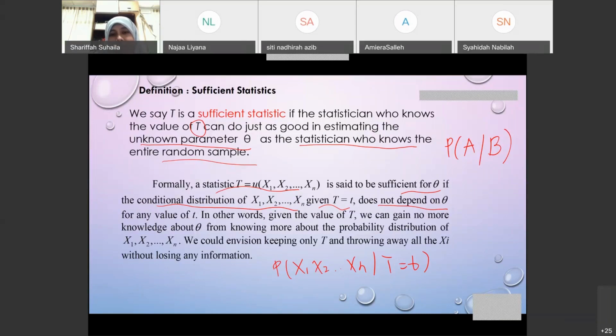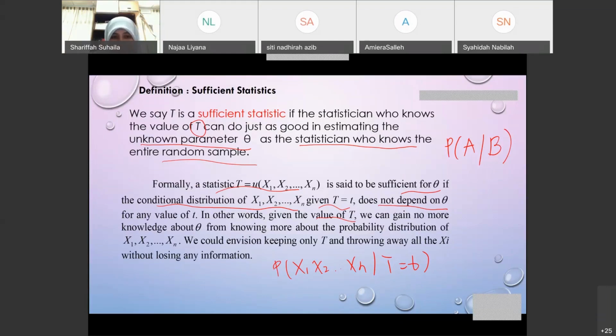Then we call this statistic T sufficient. In other words, given the value of T, we can gain no more knowledge about theta from knowing more about the probability distribution of X1, X2, Xn. That means the value of T is already enough without knowing the list of all observations. That is roughly the definition.